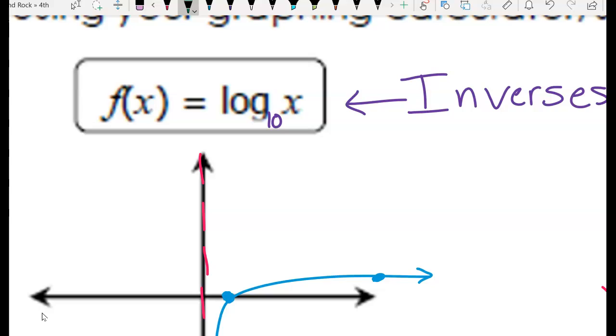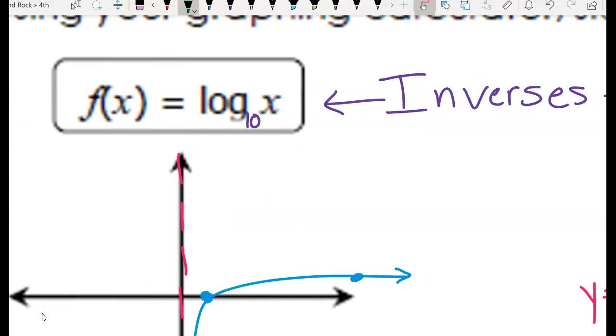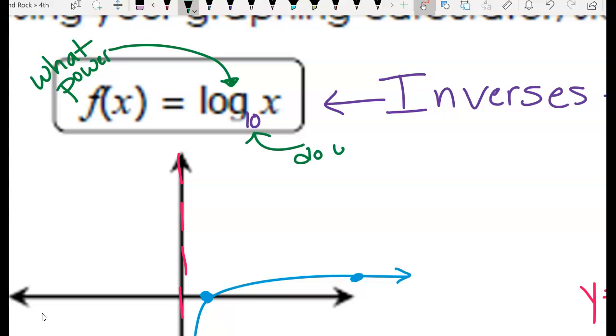All that the question is, what log is asking. The word log means what power. And then we look at the base and we say, do we raise whatever the base is, in this case 10, to equal x?